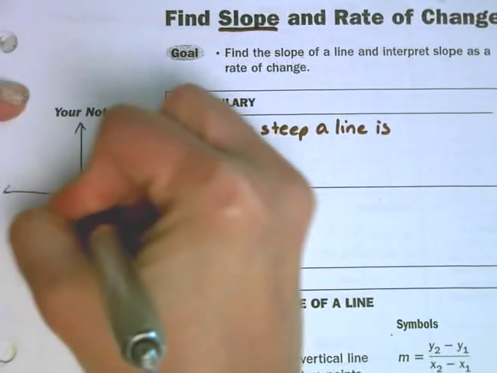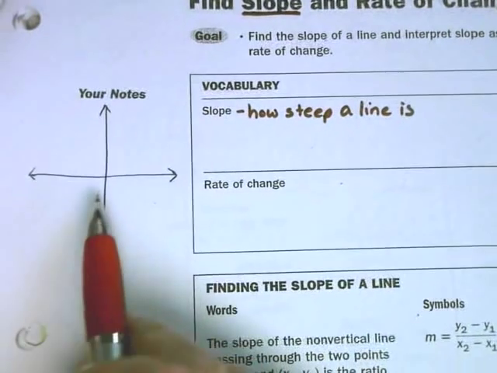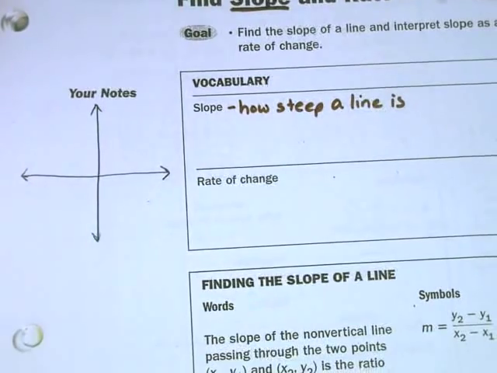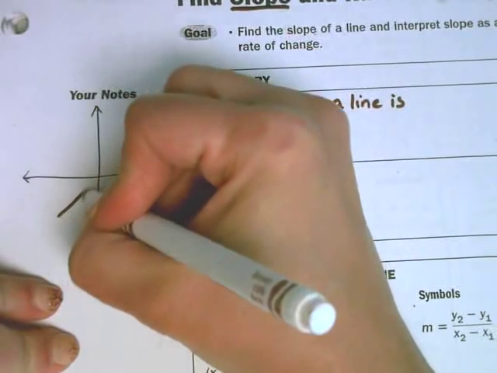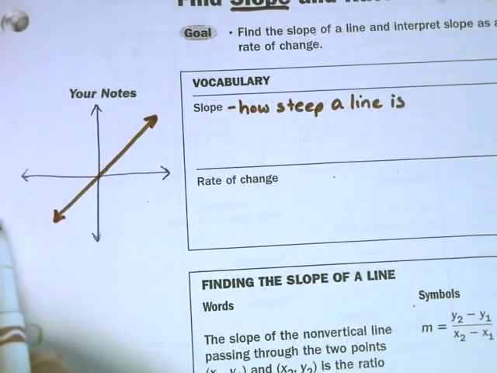I'm going to use another example. I'm going to talk about staircases for a minute. Will you guys draw a quick coordinate plane right here? And will you go ahead and draw a line that looks like it's going uphill like this? When we say uphill from left to right, you're going to start going up.